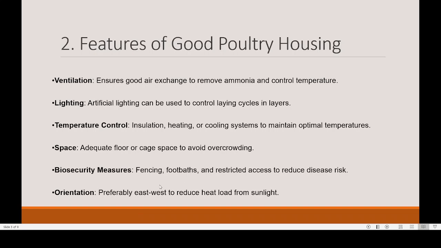Then biosecurity measures: fencing, footbath, restricted access to reduce risk. Too many people entering these cages is a risk. Earlier in Munnar, there used to be a place for rearing cattle, I think near that Mattupetty farm. Some 20 years back, tourists could enter this farm and see the cattle there.